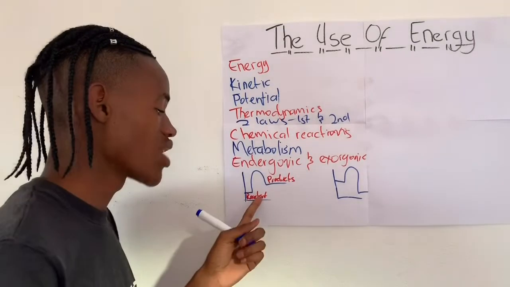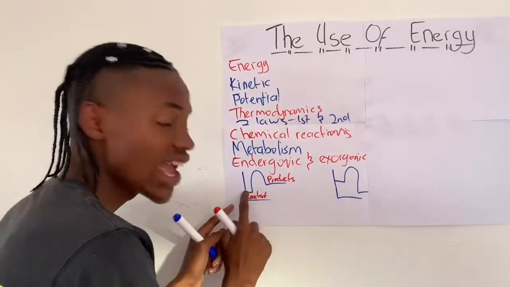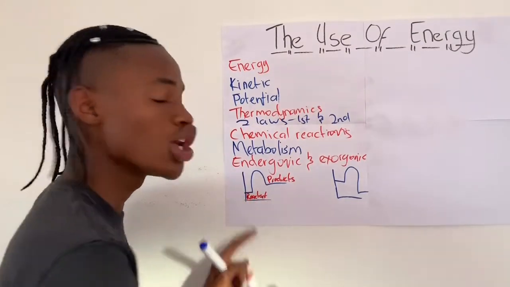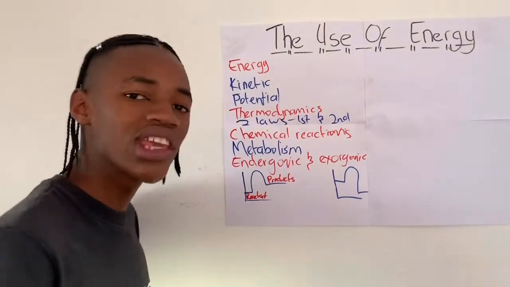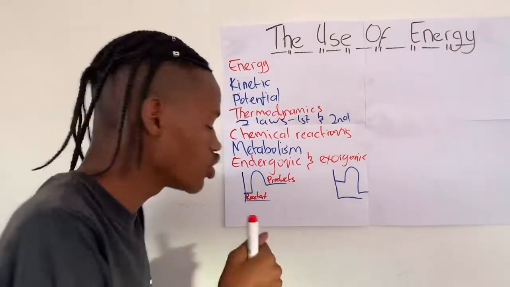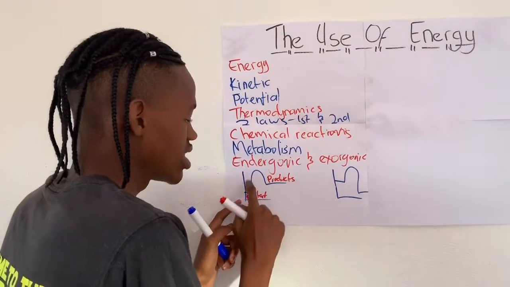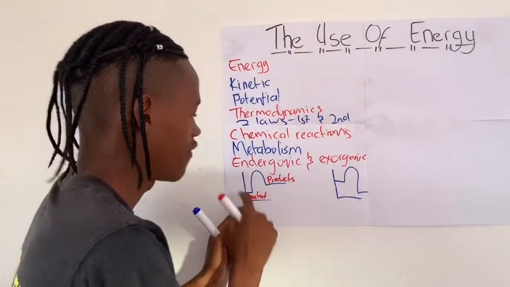You see that your reactants have less energy than the products. So for the reaction to start, we need to give it a boost, a push, whereby, as you can see, there's this very big lump.